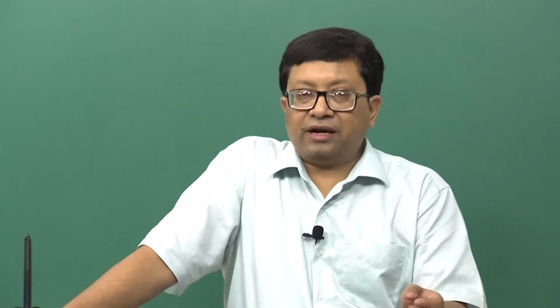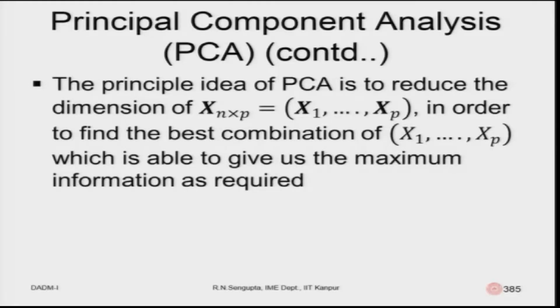So, the principal idea of principal component analysis is basically to reduce the dimension of the actual matrix which is given, which is X, the matrix n cross p, where n is the number of readings. The readings will not decrease, remember that. What we are trying to reduce is p, and p is the number of variables which we have.